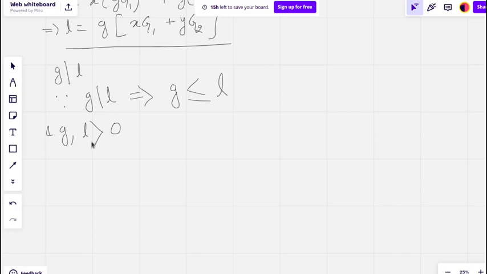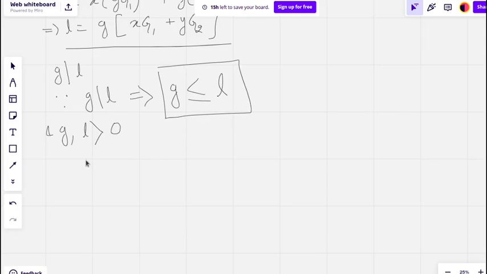These are positive integers we are dealing with. Now let us explore this equation a bit further.